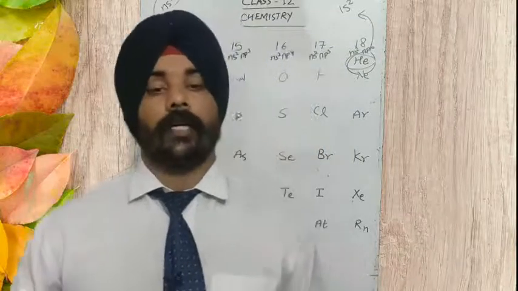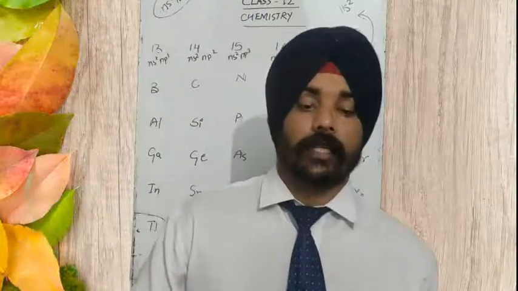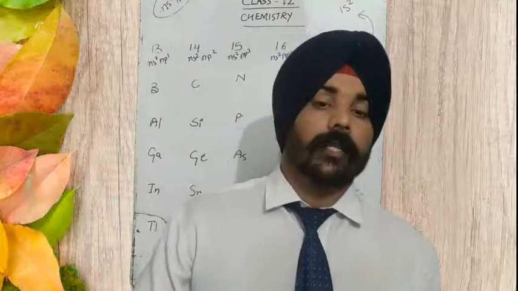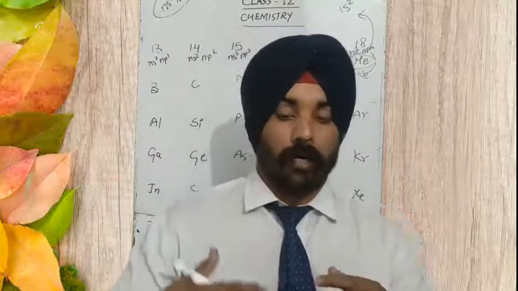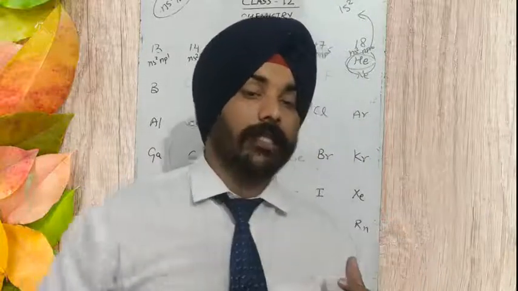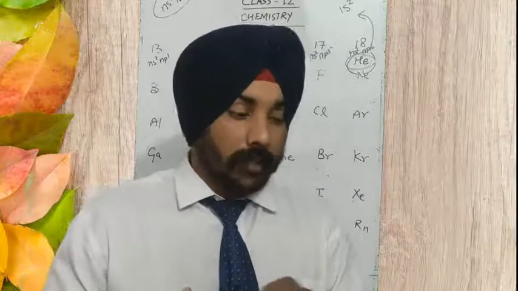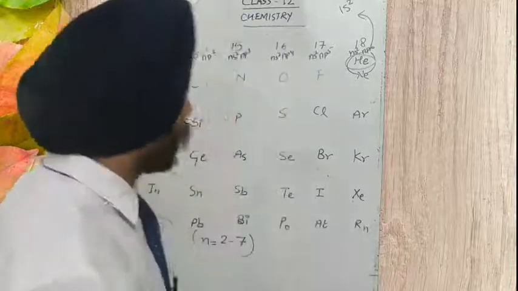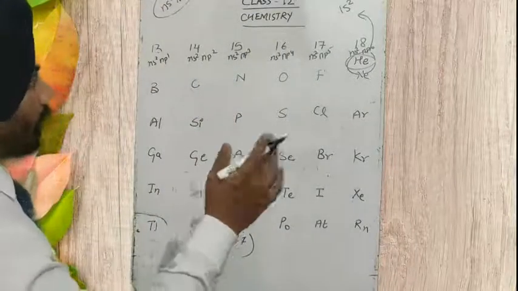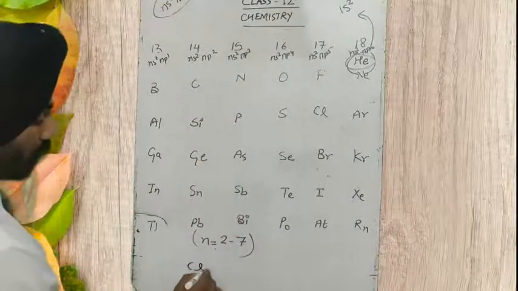When any reduction and oxidation reaction takes place, one of the elements increases its oxidation state and another decreases its oxidation state. We have taken an example of chlorine.